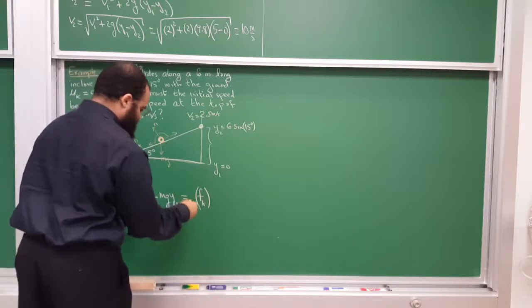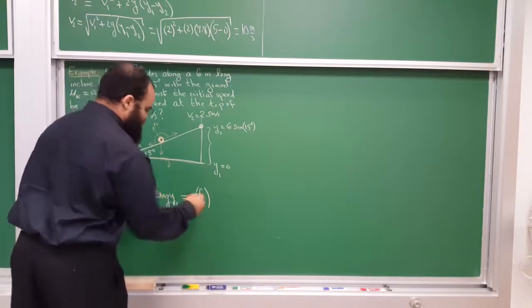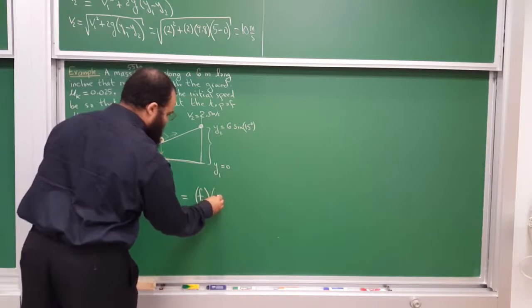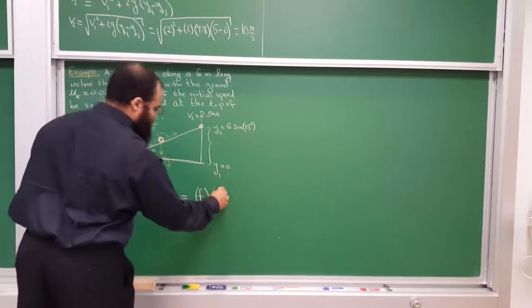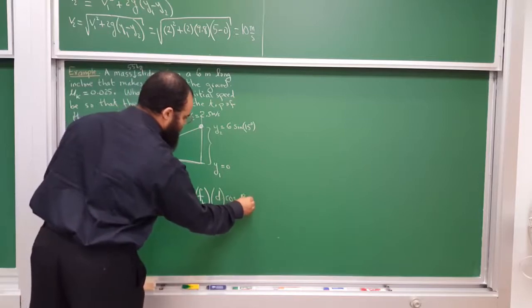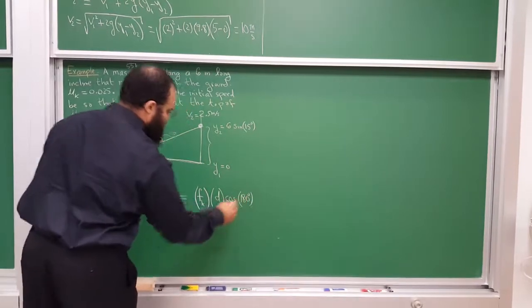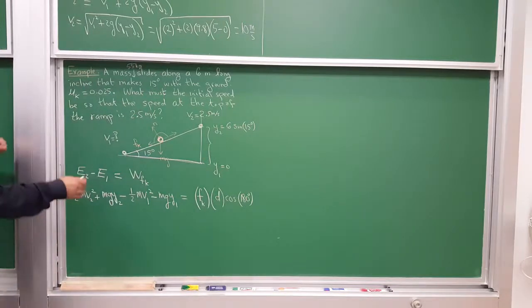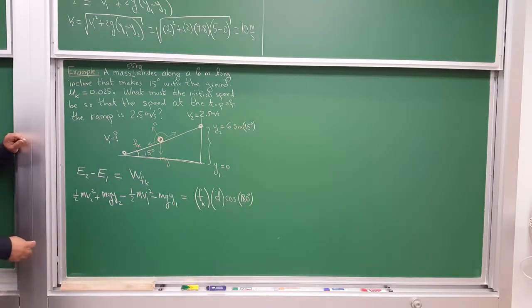So force of friction times the distance moved, d, which is the length of the plank, the incline, times the cosine of 180 degrees. I will just keep everything in symbols until the end.